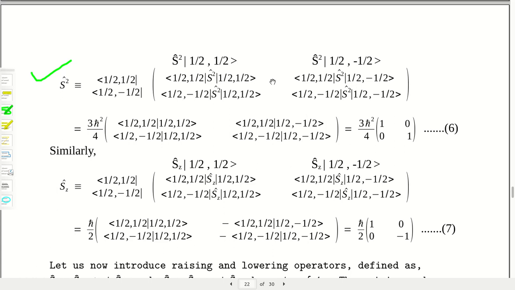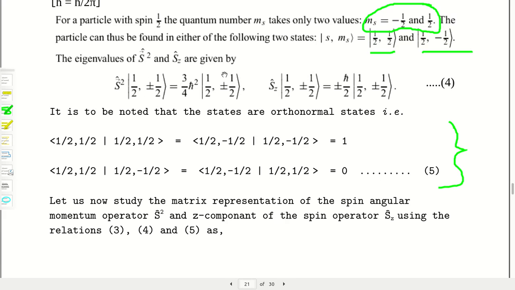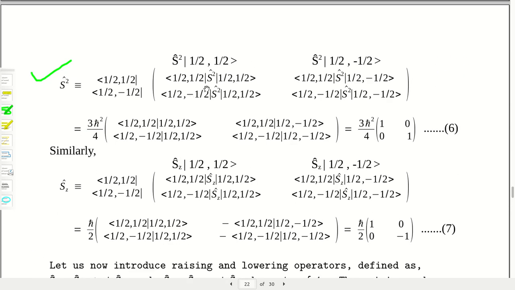Now A squared on half half we know, A squared on half minus half we know, from these equations. A squared half half is equal to 3 by 4 ħ squared half half.